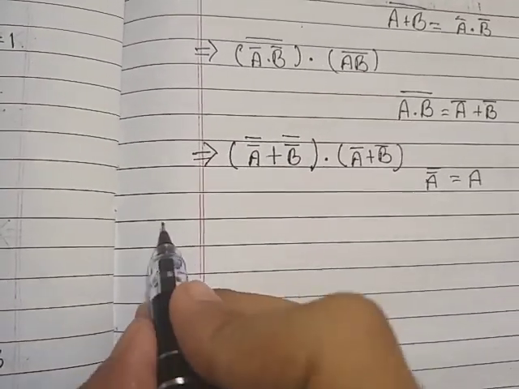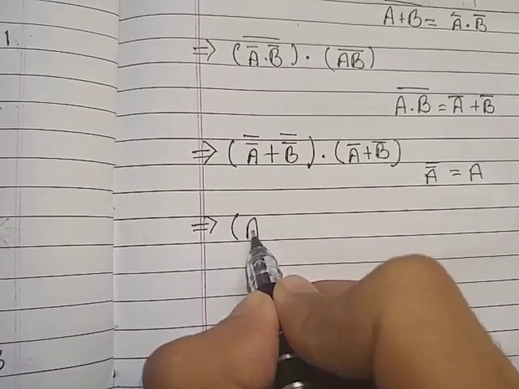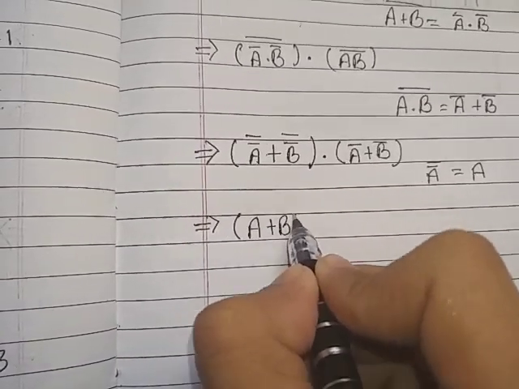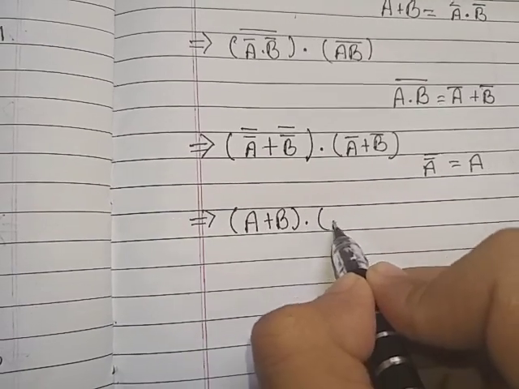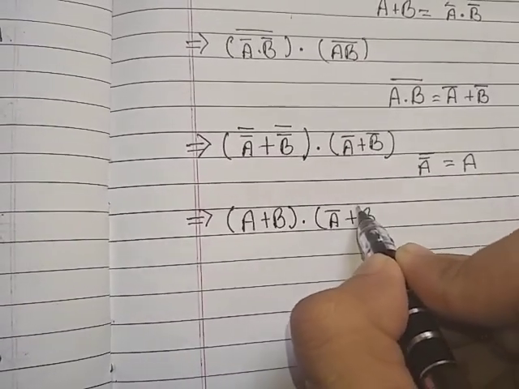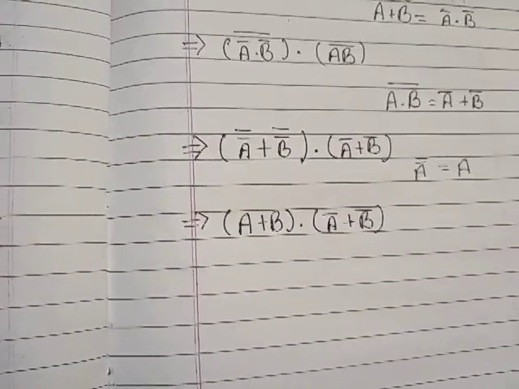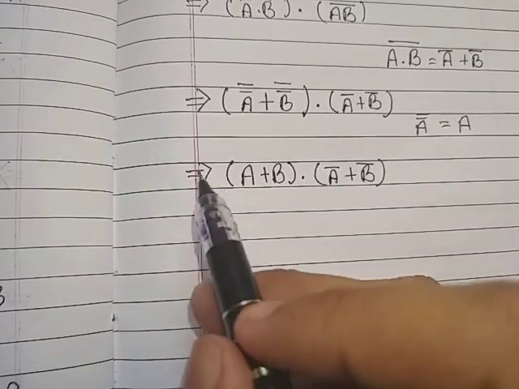So we have (a plus b) dot (a bar plus b bar). Now we are going to open the brackets.